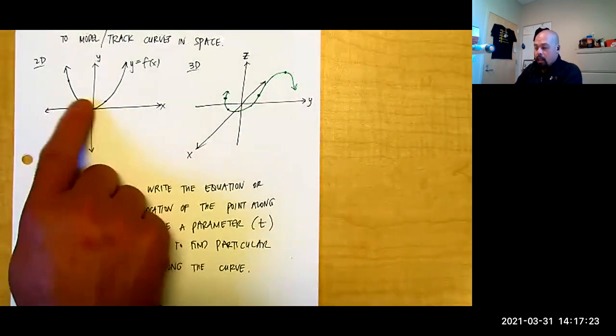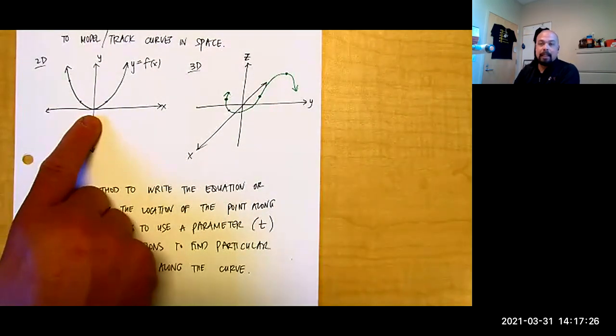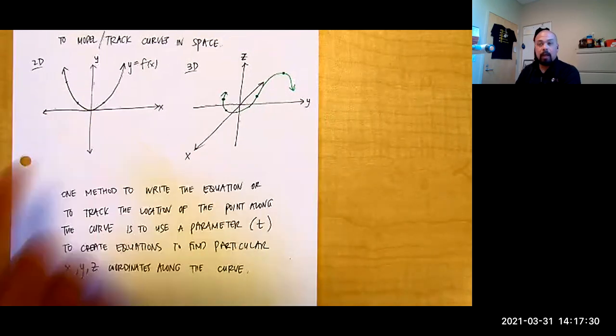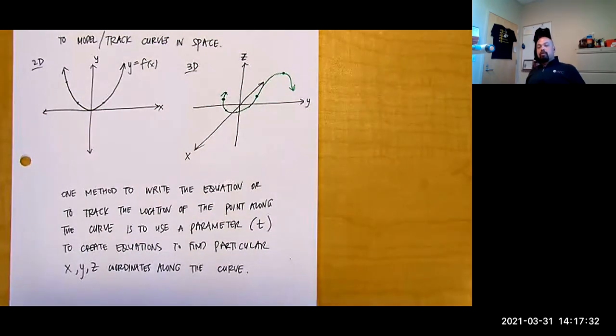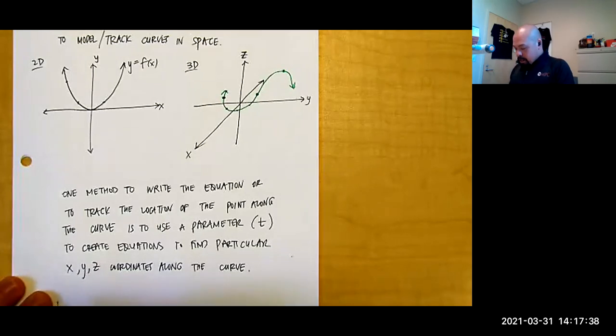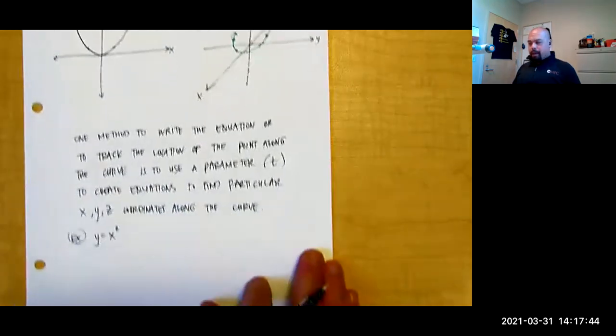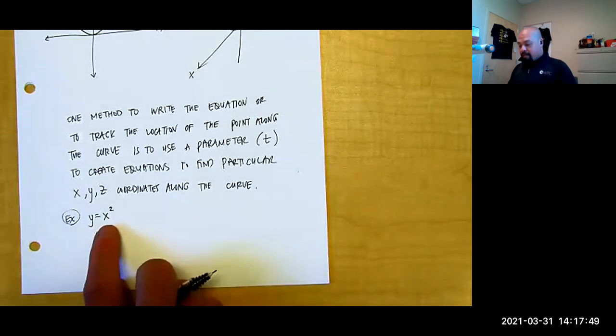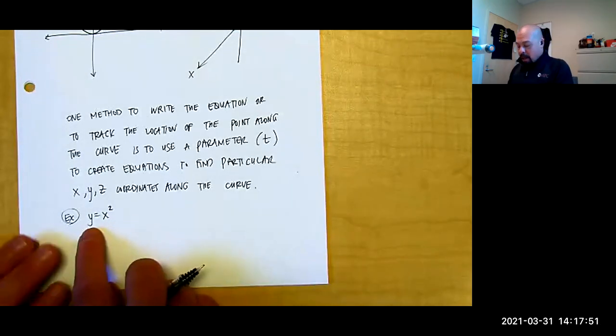And even in this case, no one says that t has to be positive. We can say -2, -1, 0, right? It's just this kind of independent variable we're creating, this parameter, so we can start to track this location. For instance, if we think about y equals x squared, in some regard we already have this equation, like x is a parameter, and then we can find that y.